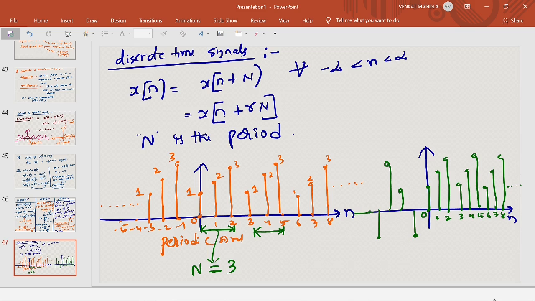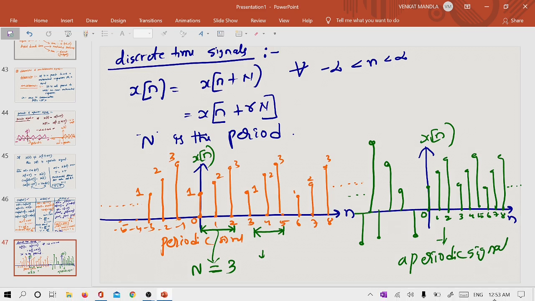It is not repeating, some arbitrary values. So it has to repeat on both the negative and positive side. Here, let us say x1 of n, the periodic signal is the orange one. This green one is not periodic. This is a periodic signal.